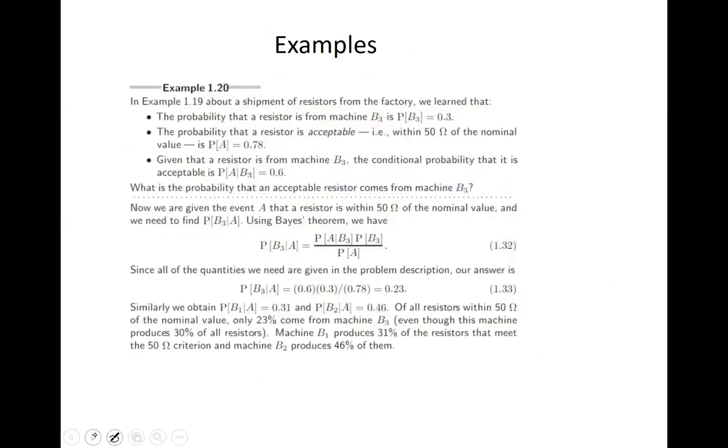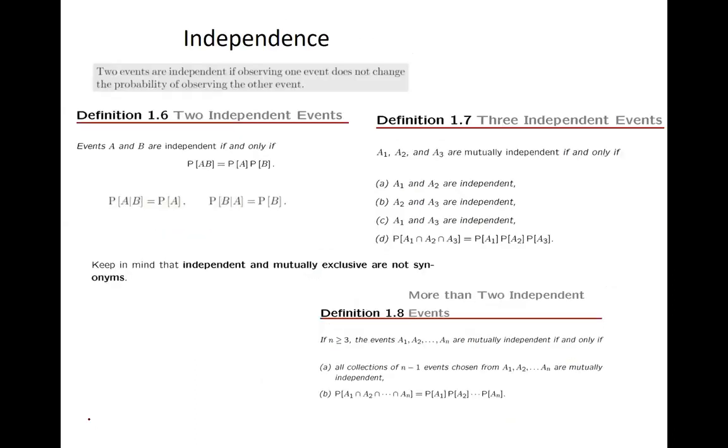I will go to the last subject, independence. This is an important subject. Two events are independent if observing one event does not change the probability of observing the other event.